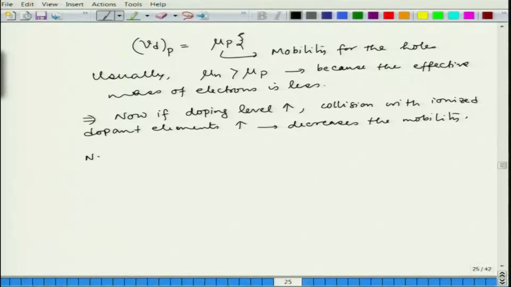So, now with the introduction of this mobility, J n drift, which is the drift velocity induced current density due to electrons only, we can write as q n mu n xi, right. So, V d for electron we have replaced with mu n and xi.